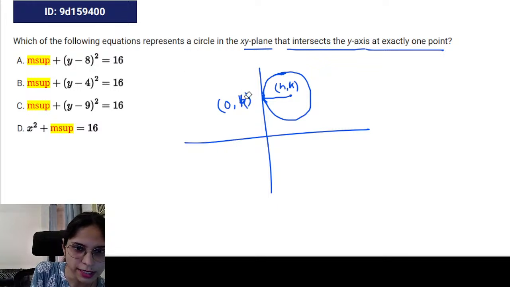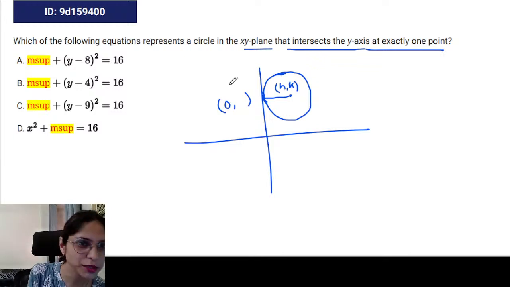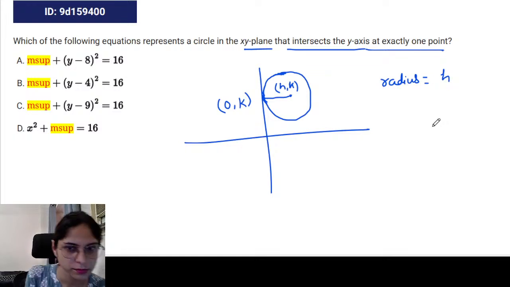Got it? That's the trick over here. I will explain if it were intersecting the x-axis as well. The younger one is gone, now the elder one is here. Got it? So in this particular case, your radius is going to be equal to h. Understood?